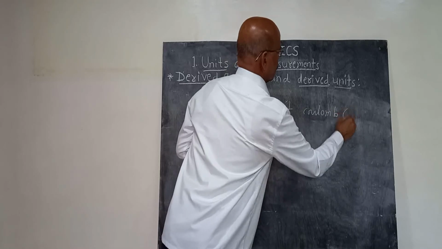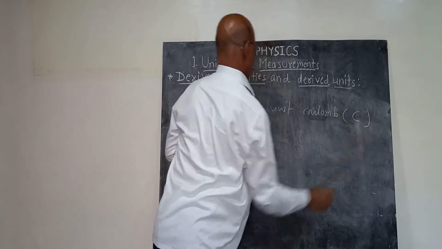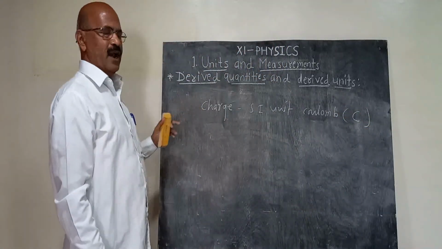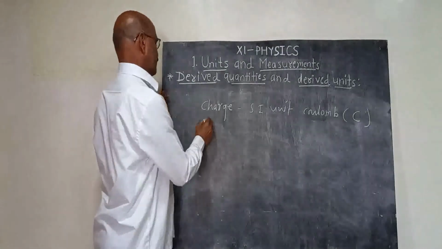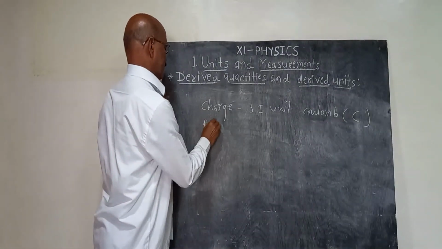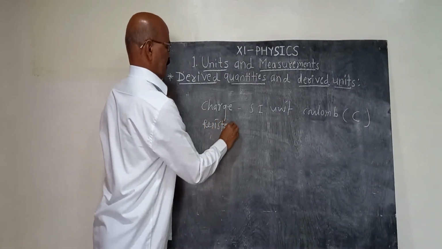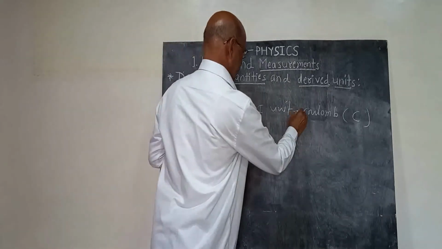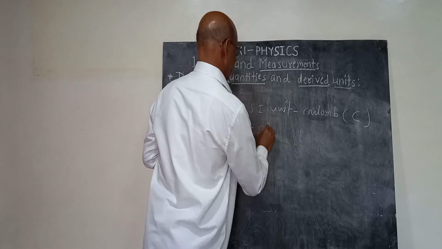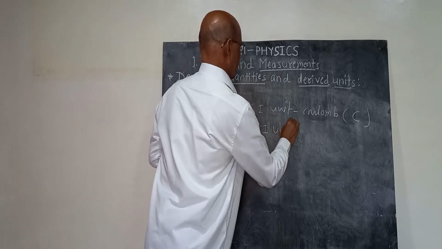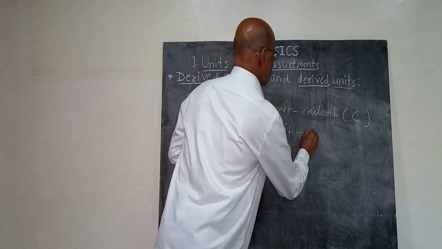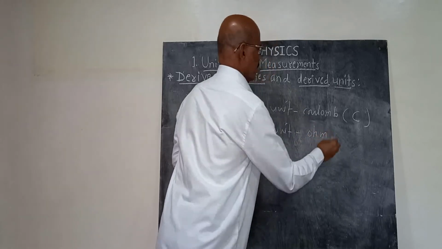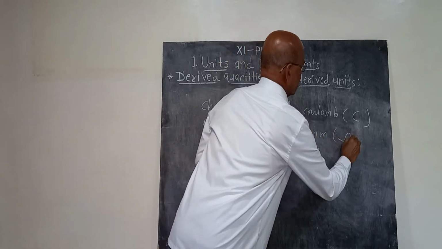Symbol is capital C. Another derived quantity is electric resistance. Its SI unit is called ohm. Symbol is omega.